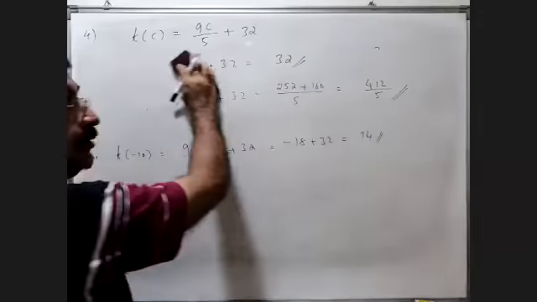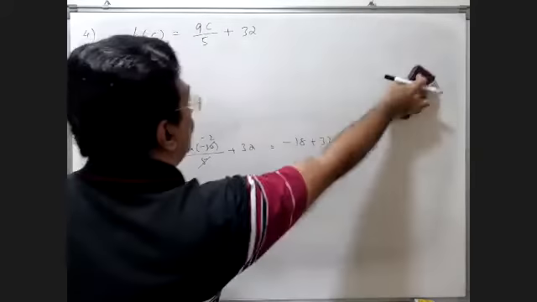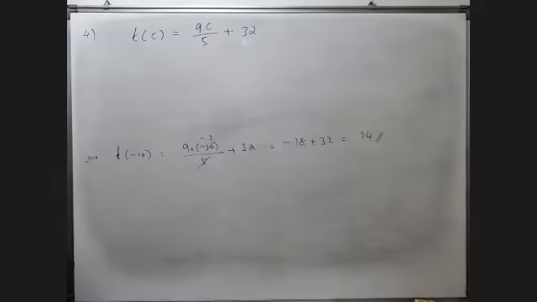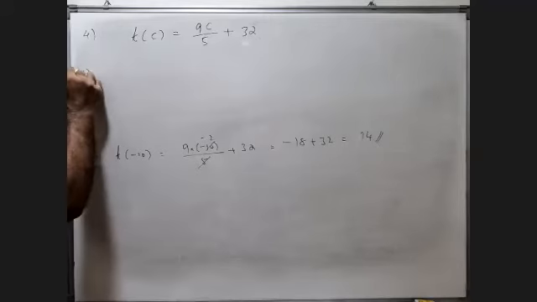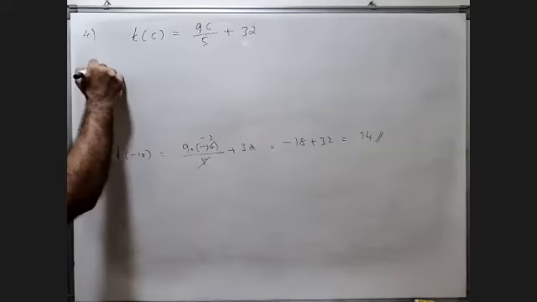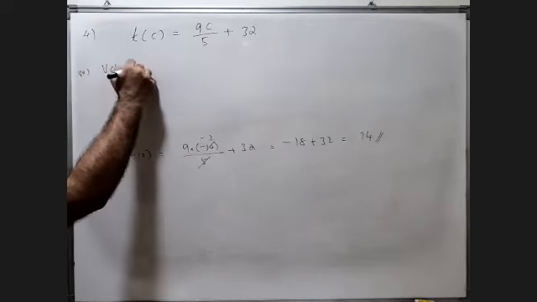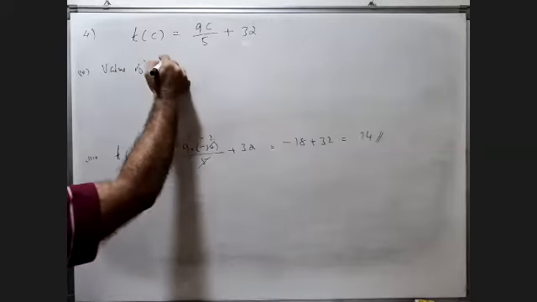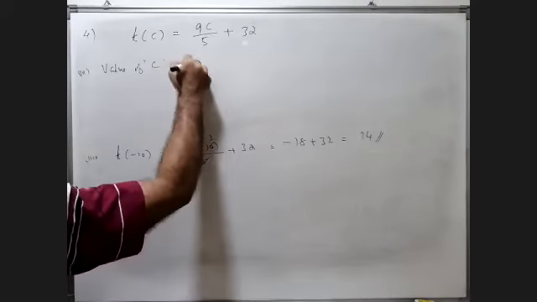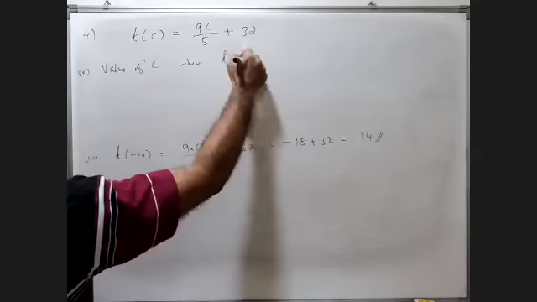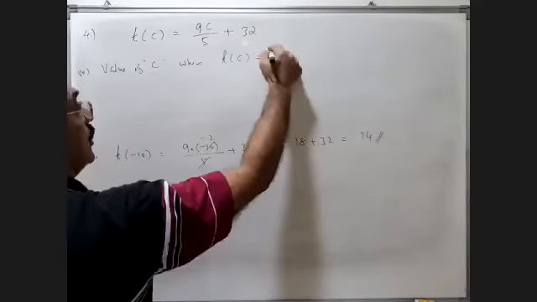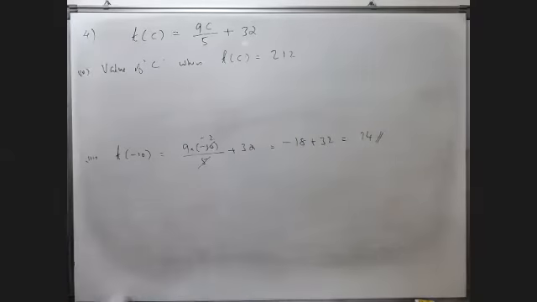Fourth bit is the value of C when T of C is 212.